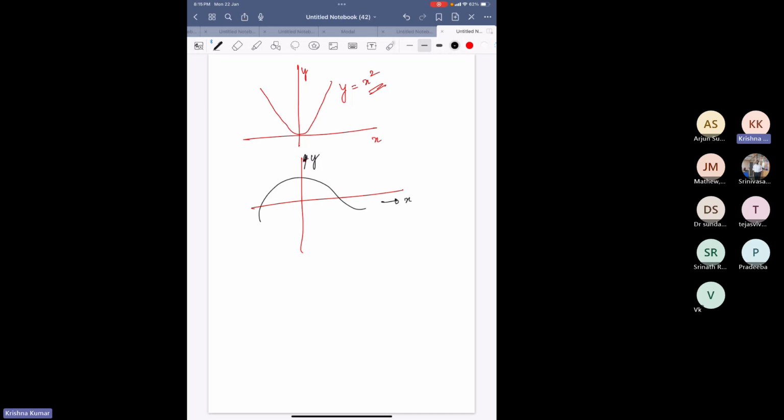Let's say that the function is something like that. Then I have a function which is like this. Let me call that function some g of x. Let me call that function f of x. Let's say that's squared.